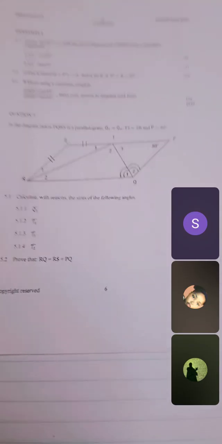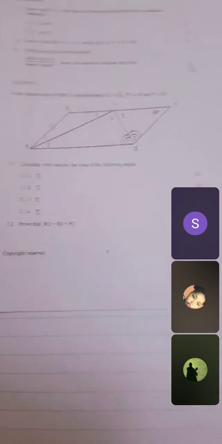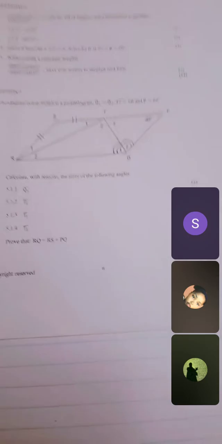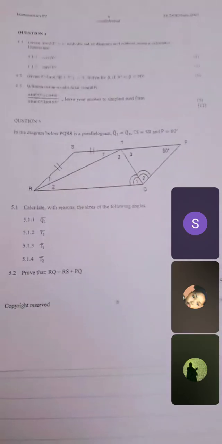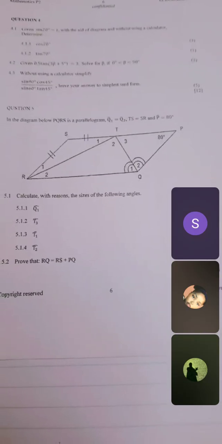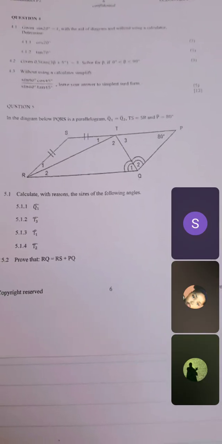Okay, there we have it, guys. Beautiful diagram. It says in the diagram below, PQRS is a parallelogram.